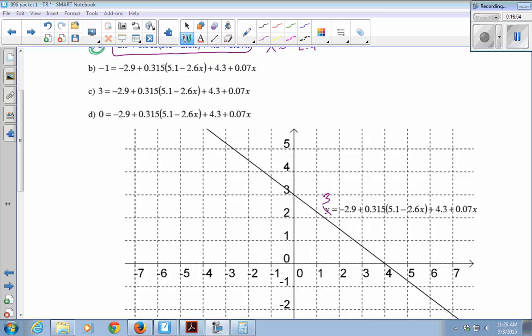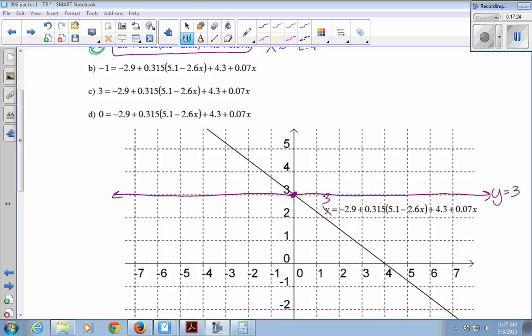So I'm going to find, here's y equals 3, right? This line right here, every point on this line has a y coordinate of 3. And there's only one point on that line that is shared by y equals all that junk, right? So there's this point right here is on my line, the graphed line, and it has a y coordinate of 3.